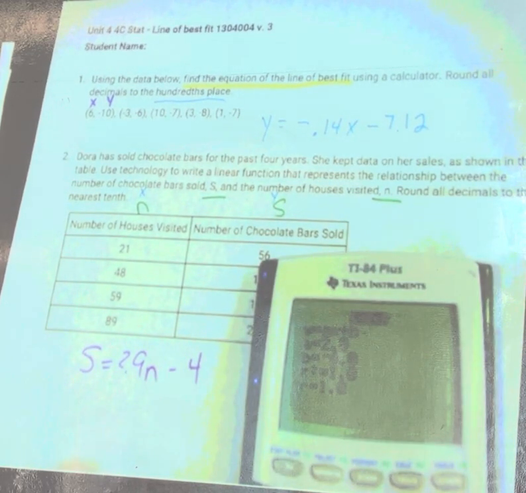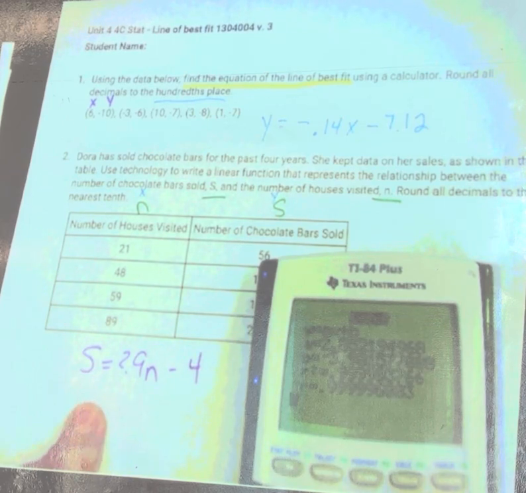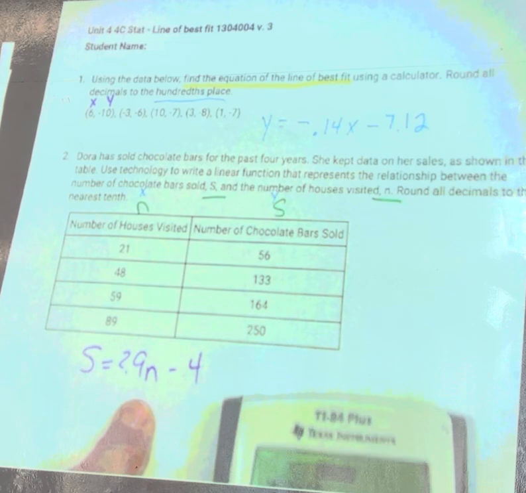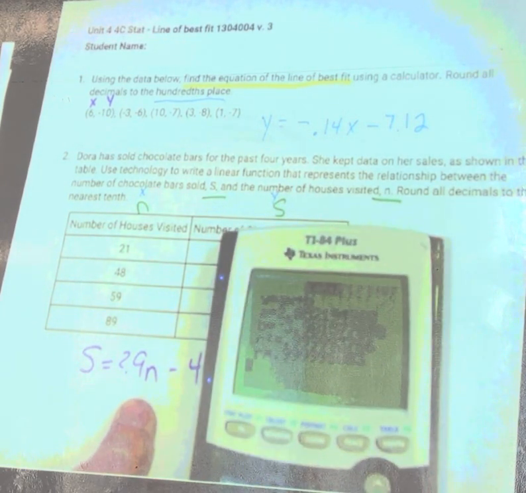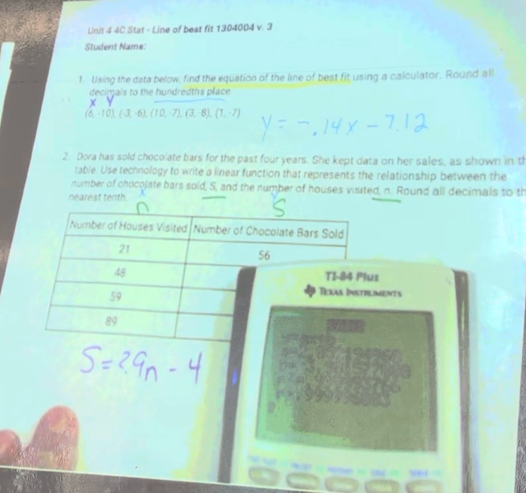Without rounding, you have negative 3.98. So the 2.85, the 5 makes the 8 go up to a 9. The 8 makes the 9 go up, which it can't, so it turns it into a 4. Just a reminder.